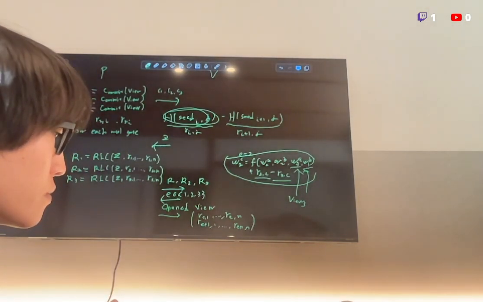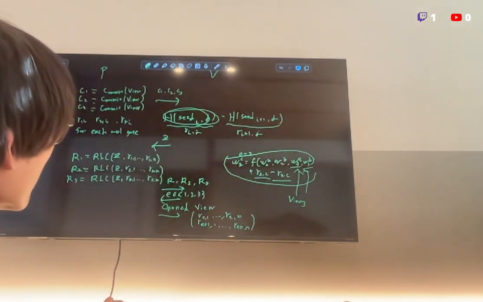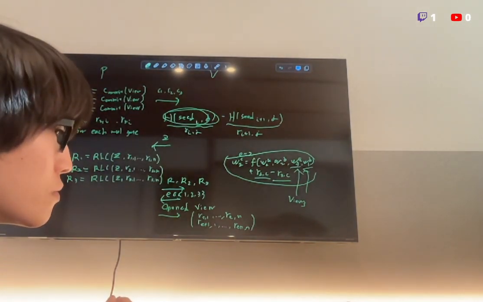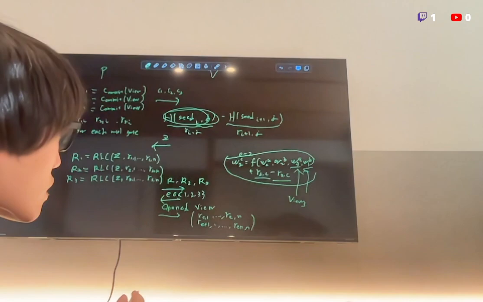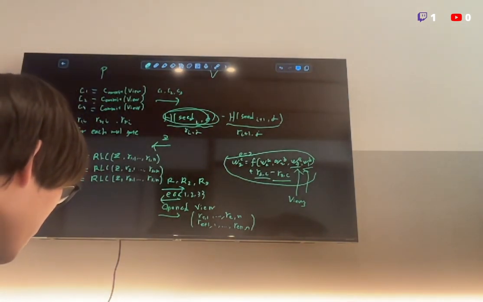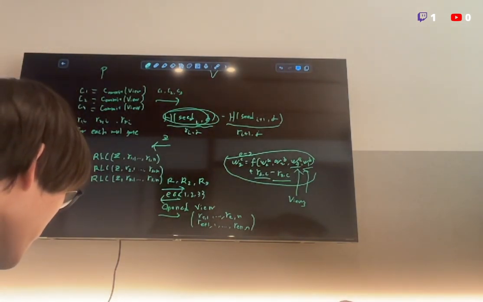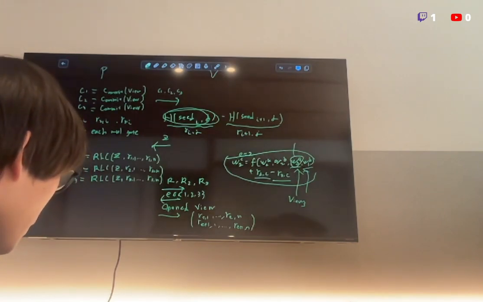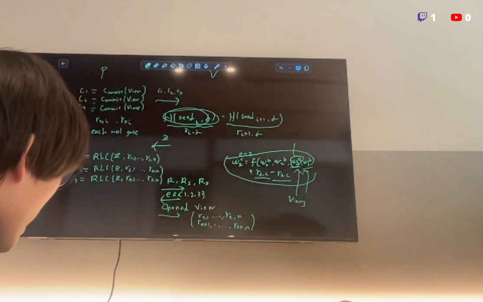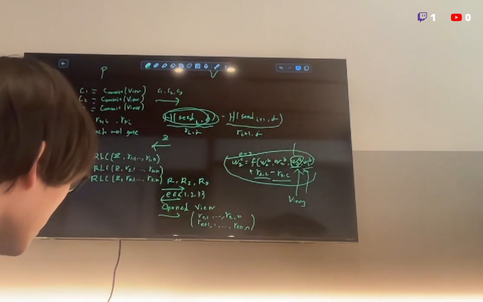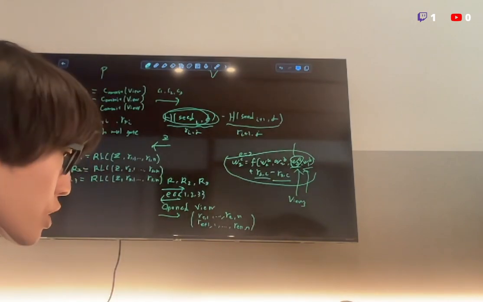I guess what I'm confused by is, in order to verify 2 views, you need access to everybody's randomness. Not true, because, for example, this W3A might be the output of another multiplication, okay.